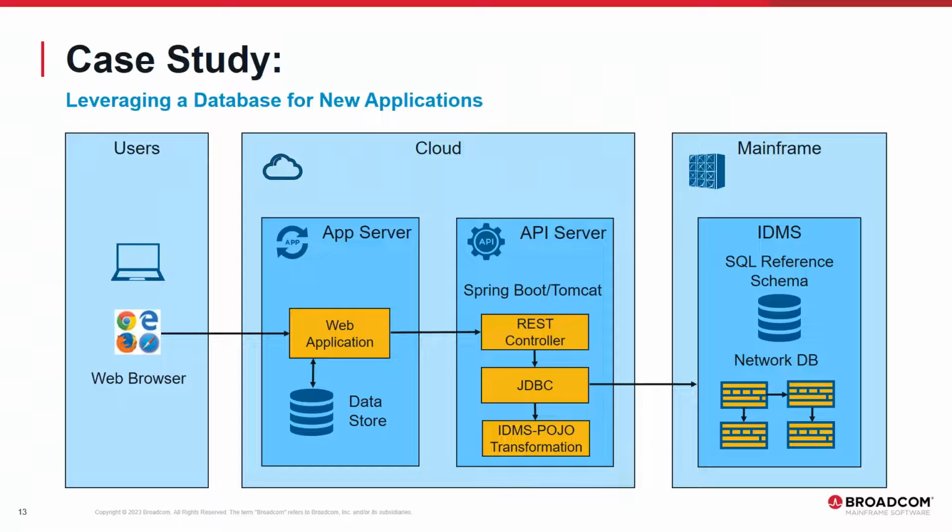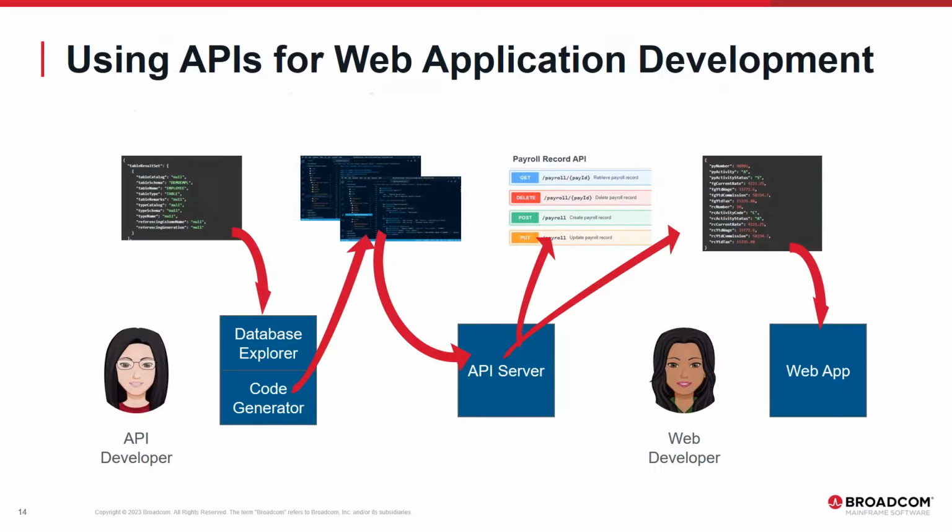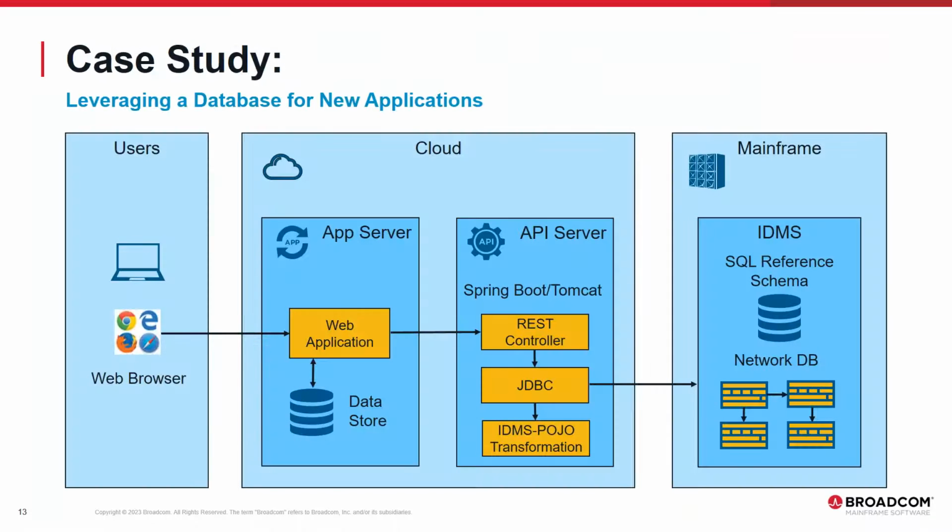And on the right-hand side, we used the existing IDMS SQL capabilities that could expose a network database. This is an IDMS model, but a similar thing would also work for Datacom. Very similar architecture. So this was all manually coded, and that's okay.